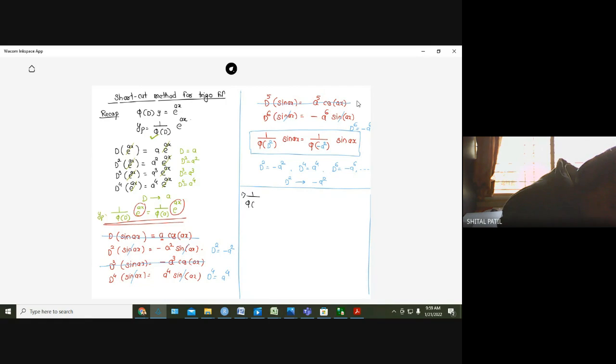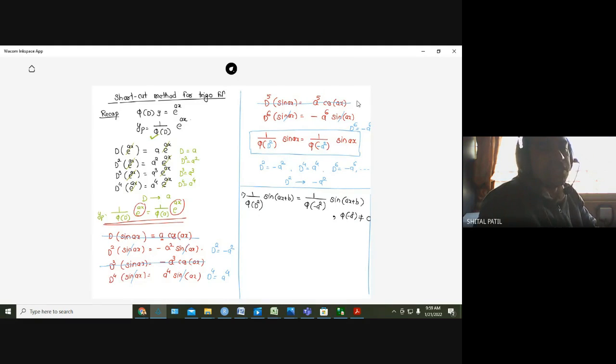1 upon phi of d square operated on sine of ax plus b. You can try with ax plus b also. That is 1 upon phi of minus a square, sine of ax plus b, provided phi of minus a square is not equal to 0.